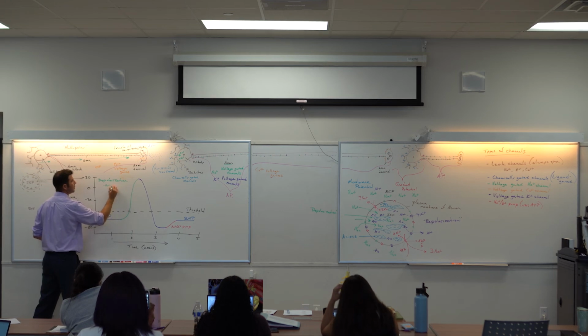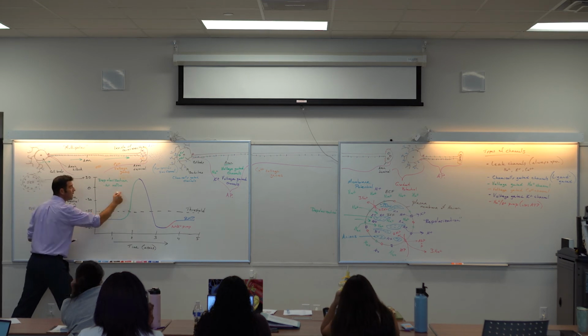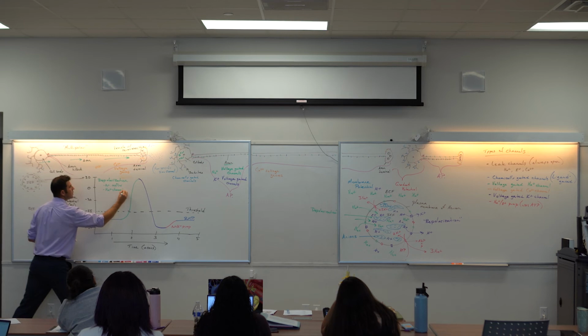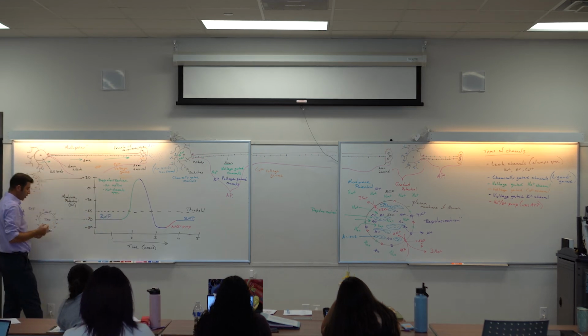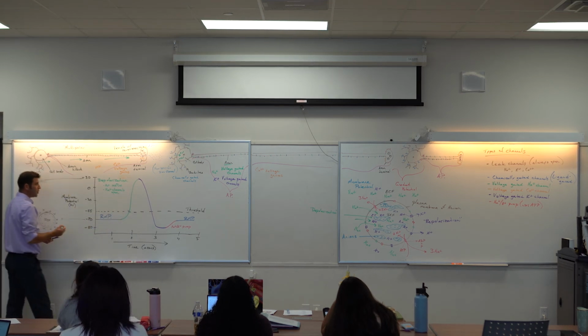Let's say influx. And the reason sodium ions are able to move into the cell is because those voltage-gated sodium channels are open. Since those sodium channels are open, sodium rushes into the cell, and the cell becomes more and more positively charged.